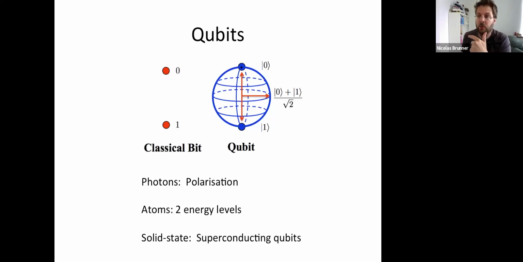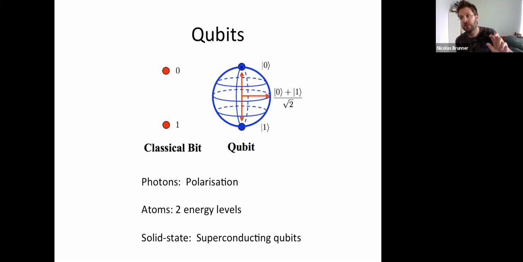However, if you have to process information locally, for instance in a computer, then photons are not so good. First of all, they travel very fast. So unless you have a good scheme to slow the speed of photons, in general photons are not good because they will always travel.